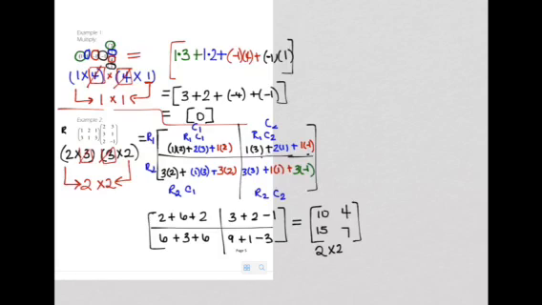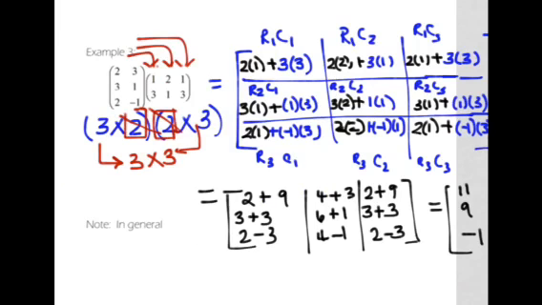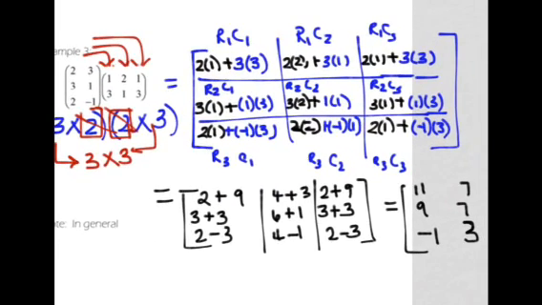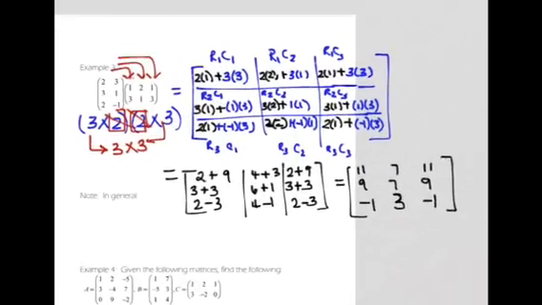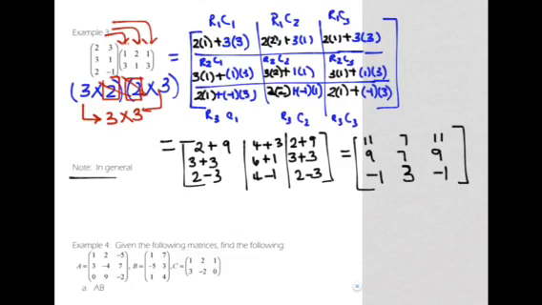When we had 1, 2, 1, 3, 1, 3 first, we ended up with a 2 by 2 matrix. When we had 2, 3, 3, 1, 2, negative 1 first, we ended up with a 3 by 3 matrix. Completely different answers. Which brings us to this comment right here. Note, in general, matrix A times matrix B will not give the same answer as if you reverse the order.